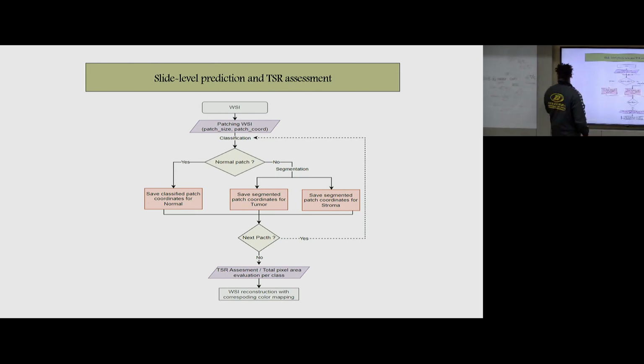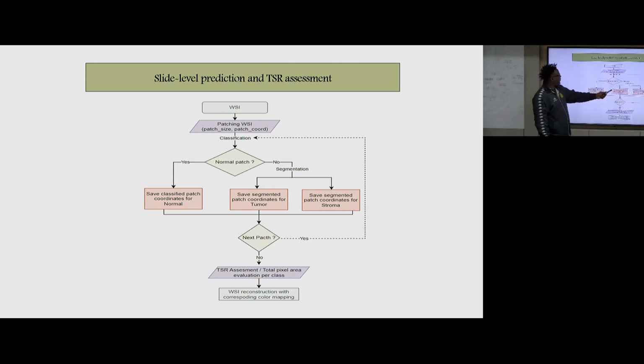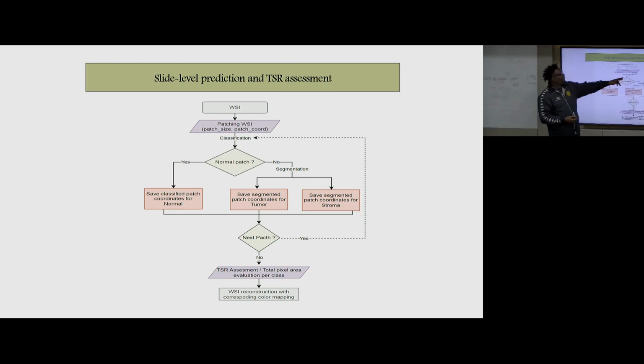When I take a whole slide image like this one, I will make some patches, and then after the patches, I will check if the patch is normal or tumor. If I have a normal patch, I don't need to do anything again because it's not of interest for me. But for tumor patches, I have to try segmentation. This is the first thing, classification. If it's normal, I don't use it. But if it's not normal, I have to do segmentation.